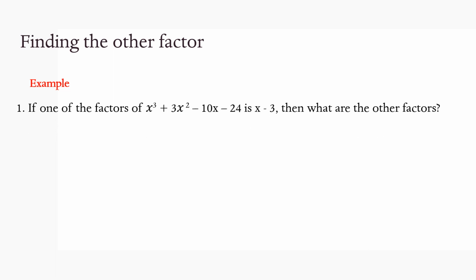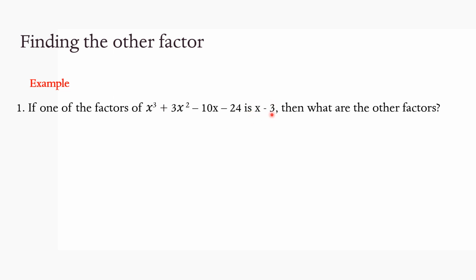Okay, next, how do we find the other factors? We have an example here. If one of the factors of x cubed plus 3x squared minus 10x minus 24 is x minus 3, then what are the other factors? Since the highest exponent here is 3, there are 3 factors.